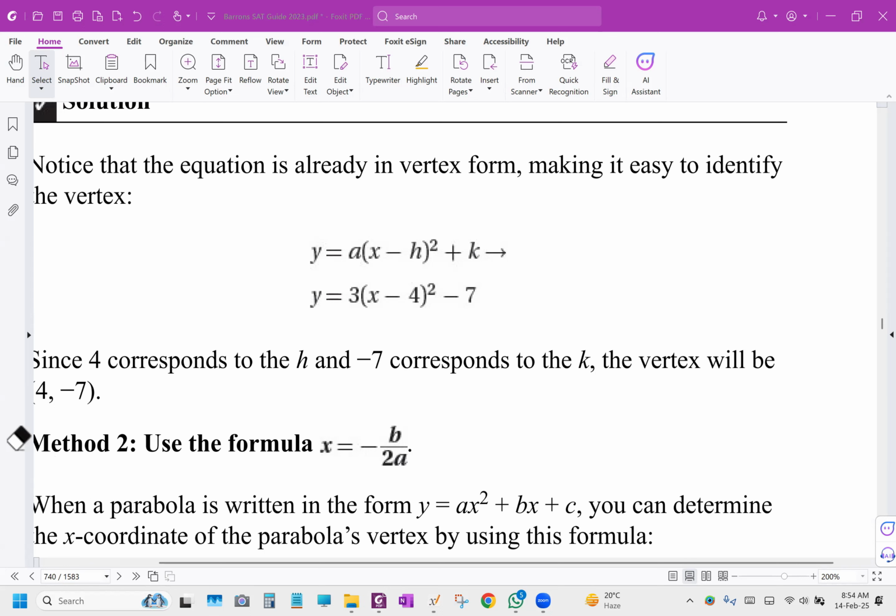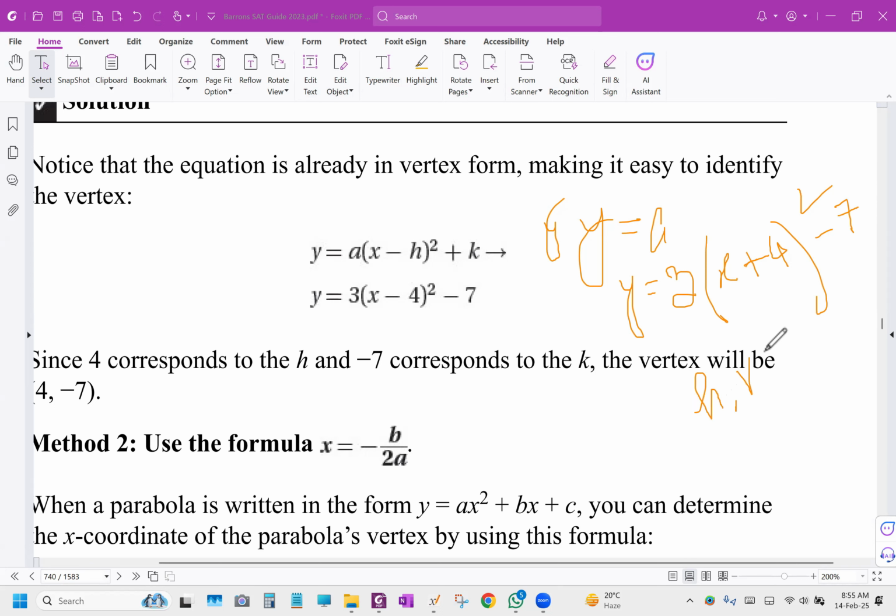So for an example, if I have y equals 3, I'm sorry, I'm writing it again, y equals 3 times x plus 4 whole squared minus 7, then what would be the value of h and k? h would be -4 and k would be -7.